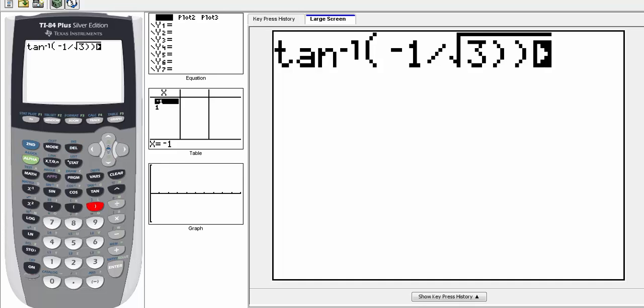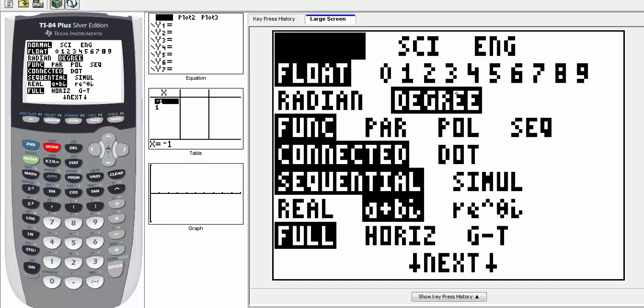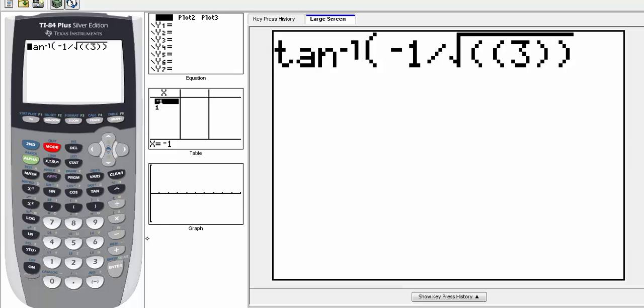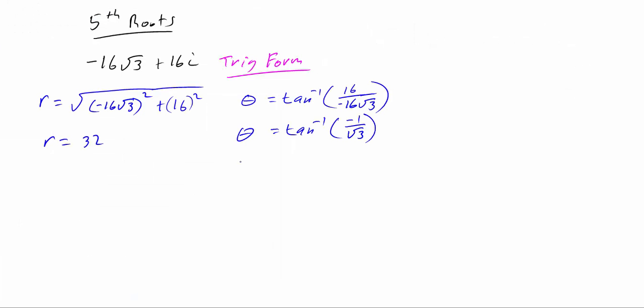And once again, make sure that you are in degree mode. I want the angle to be in degrees. You certainly could use radians, but I'm going to go with degrees in this case. And we get an answer of negative 30. So we have theta equals negative 30 degrees.